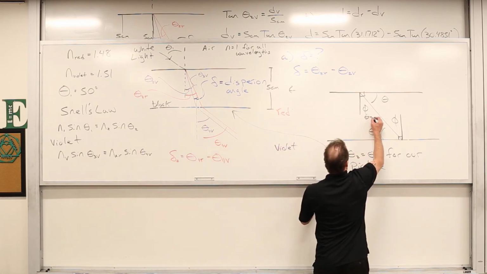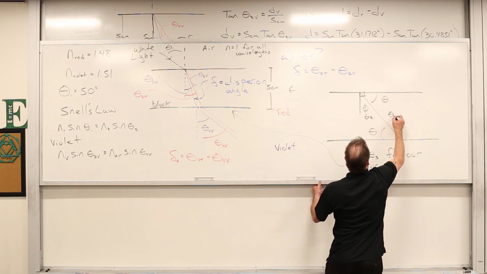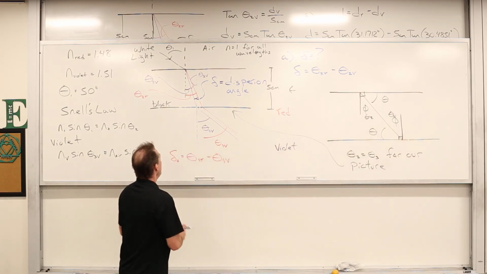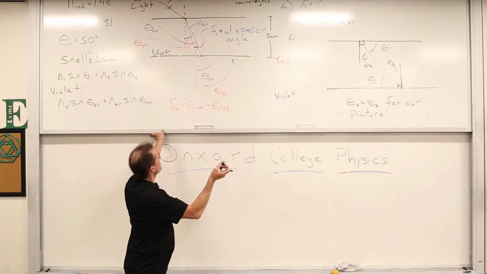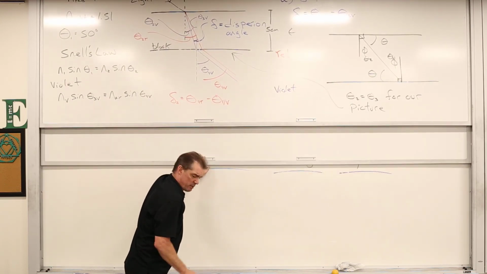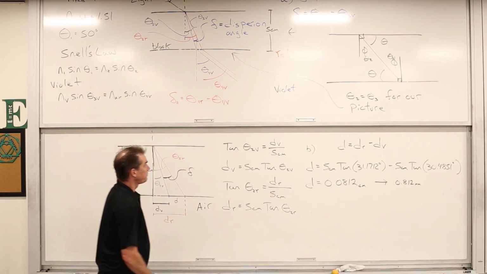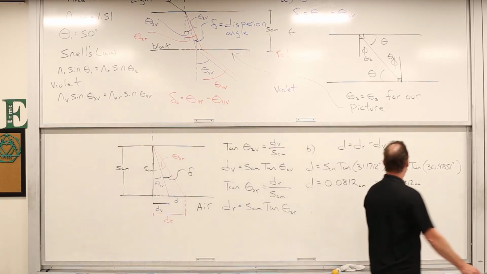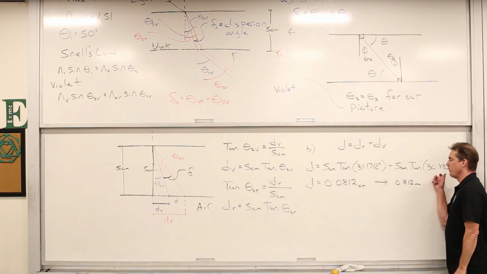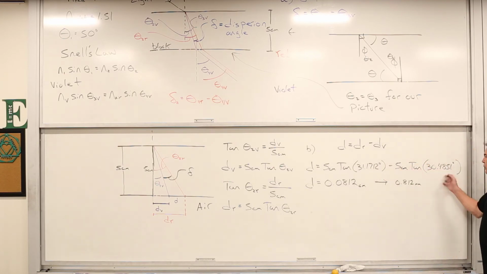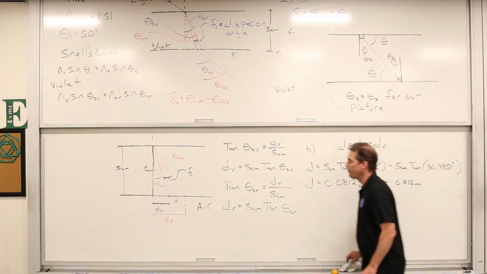Probably should have named them differently, but we get the picture. Anyways, we already know the theta 2s, so we already know the theta 3s: theta 2 violet and theta 2 red, thus theta 3 violet and theta 3 red.